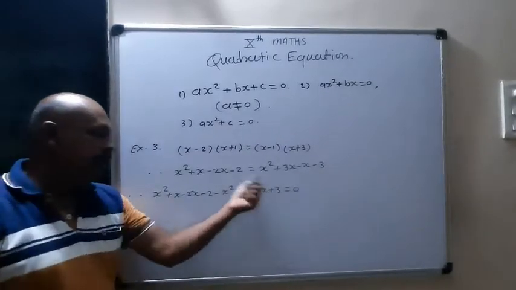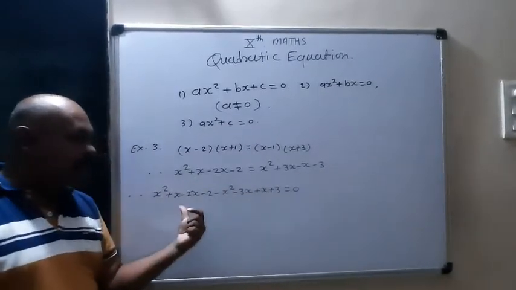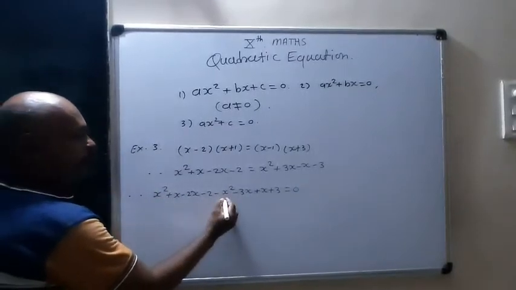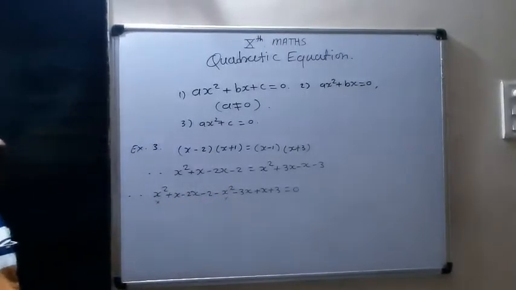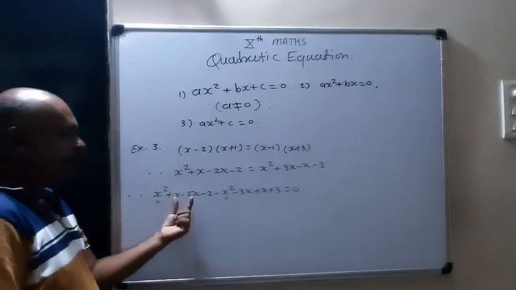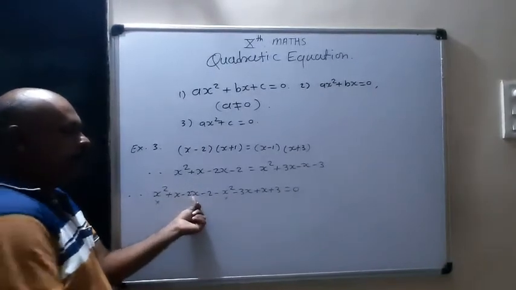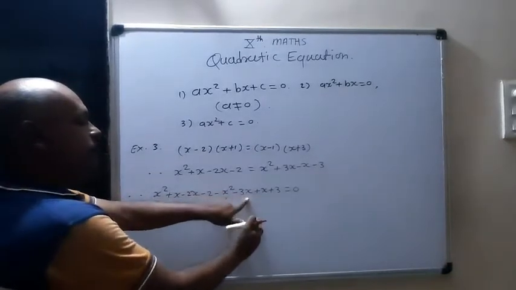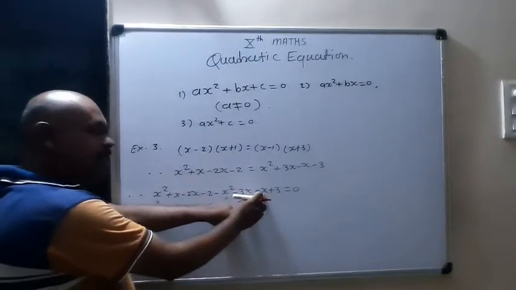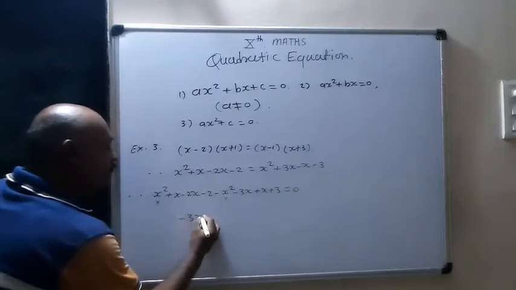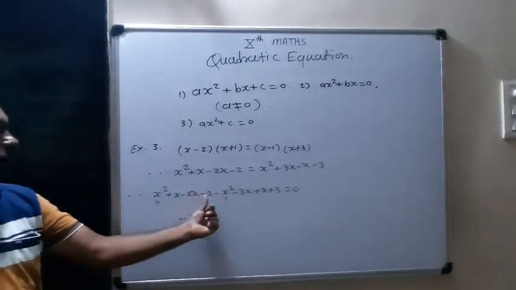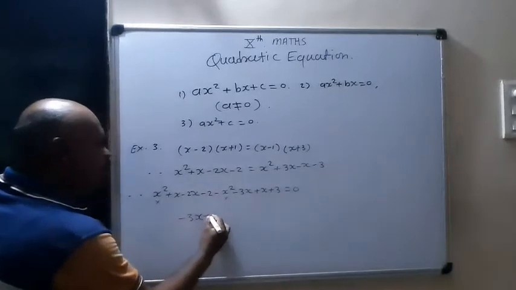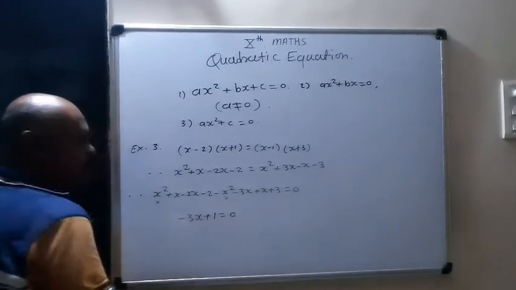We can rearrange all the like terms. Here x square minus x square get cancelled. Remaining is x minus 2x, means minus x, minus 3x, that is minus 4x, plus x, that is minus 3x, and minus 2 plus 3, that is 1, equal to 0.